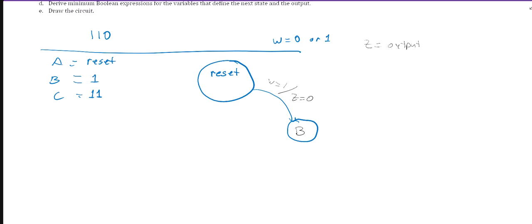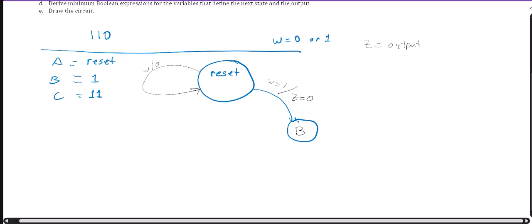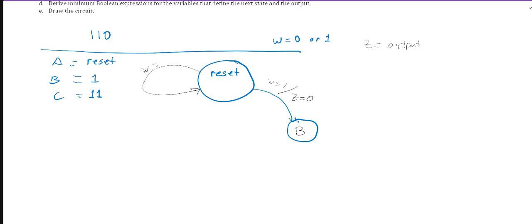Well, if I am in my reset state and I get a 0, I haven't made any progress. So this would be W equals 0, and Z also equals 0. Now, if I'm in state B and I get a 1, I'll go to state C. At this point I would just have two 1s.